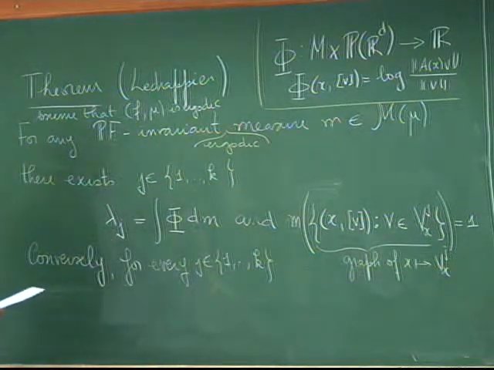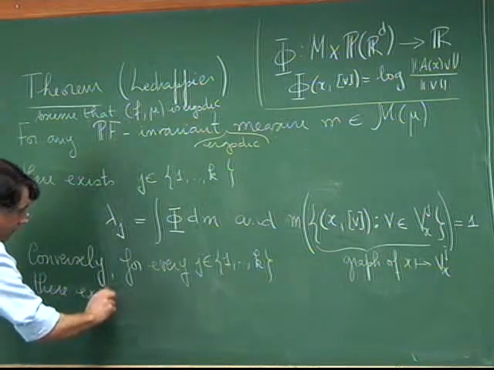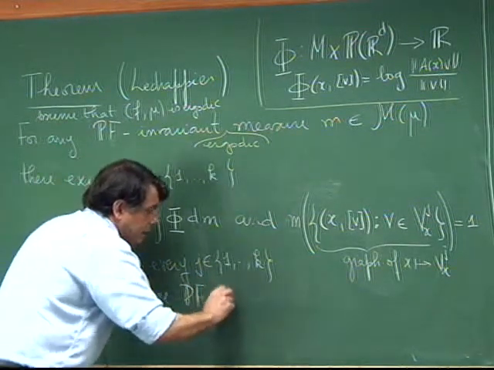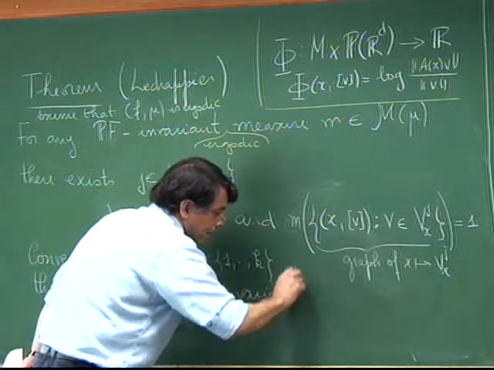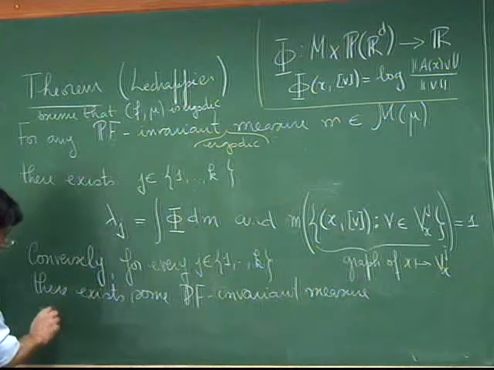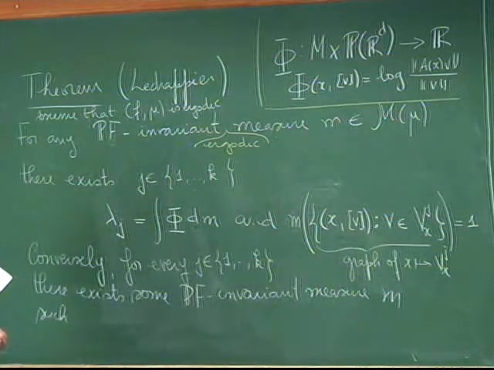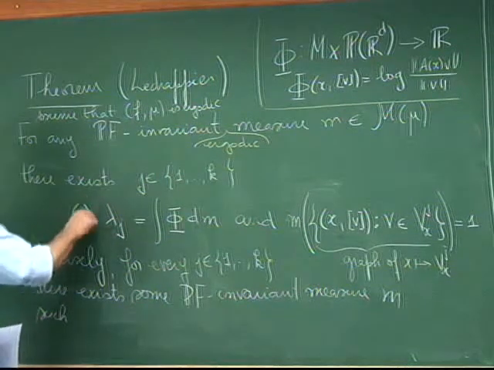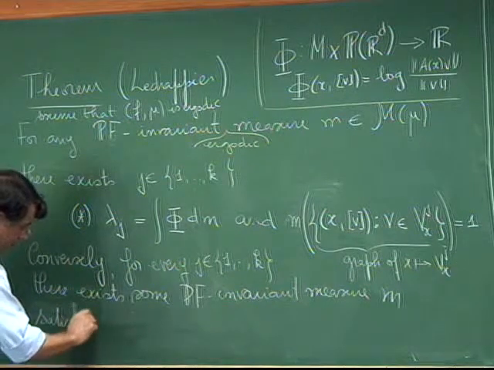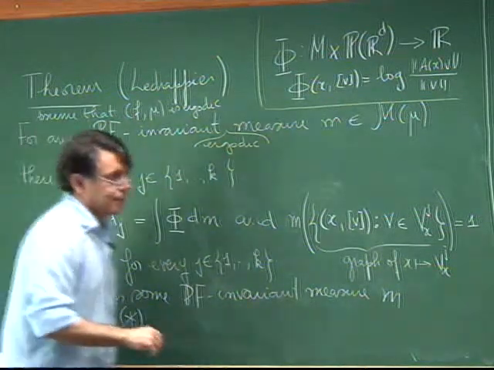For every j, there exists some PF invariant measure such that it satisfies this.